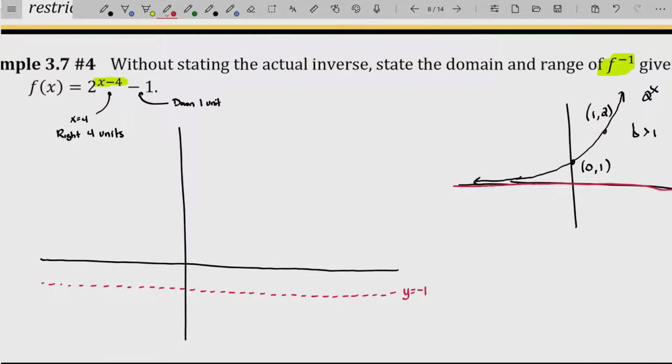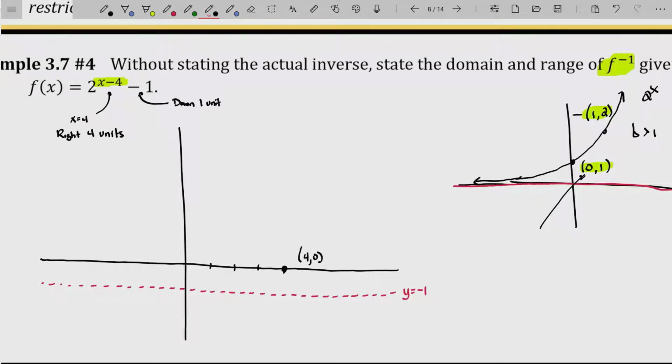And then I'll plot these 2 points with the adjustments. So I'm going to add 4 to the x value: 1, 2, 3, and 4. And let's see, I'll bring the y value. So remember, the point was at 0, 1. Now it's at 4, 1. However, I'm going to subtract 1 from the y value. So now that point is actually at 4, 0.